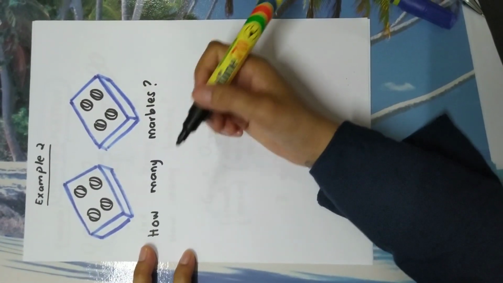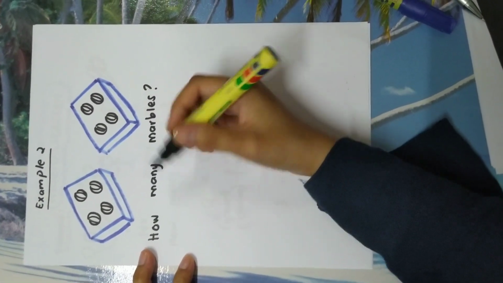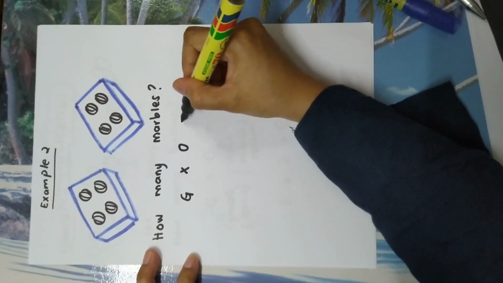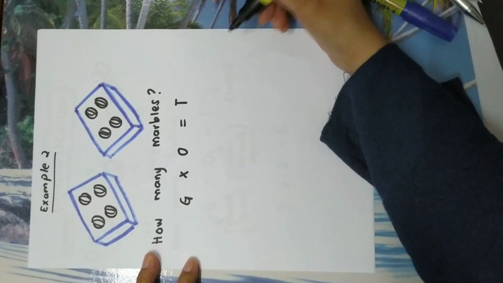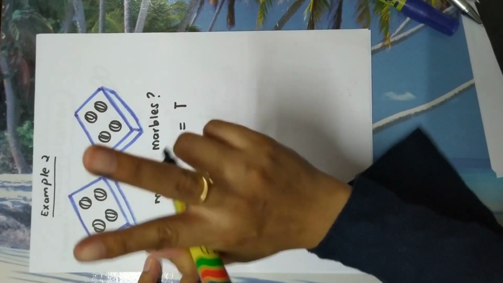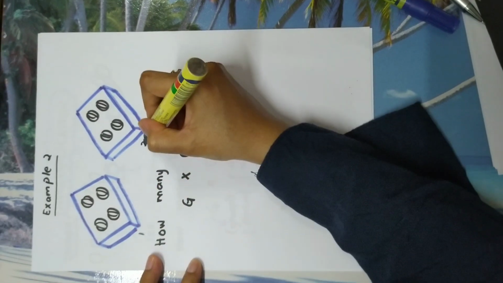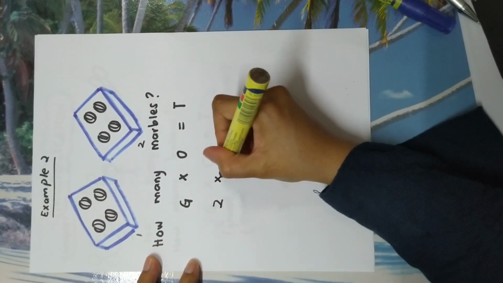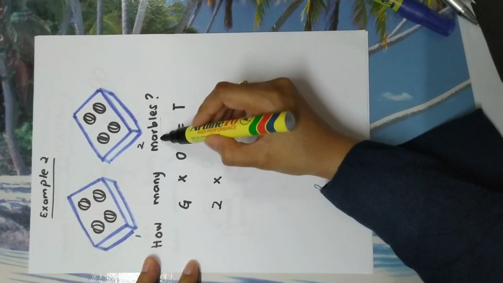Then always remember the formula is G times O equal to T. So group here is 1, 2. We have 2 boxes. So write down 2 times object. Object here is marble.